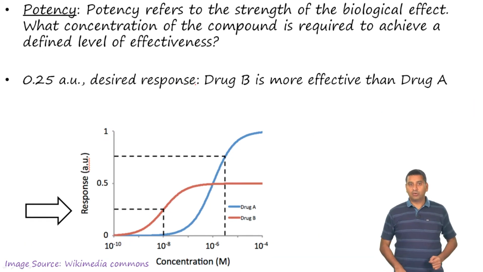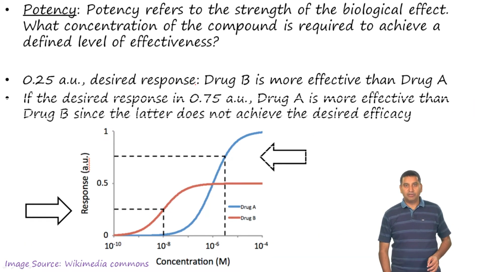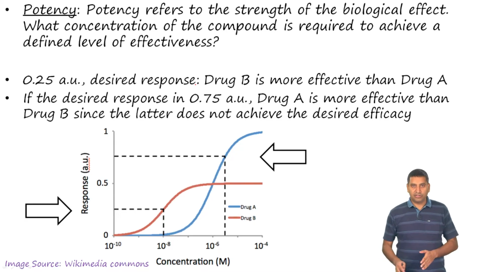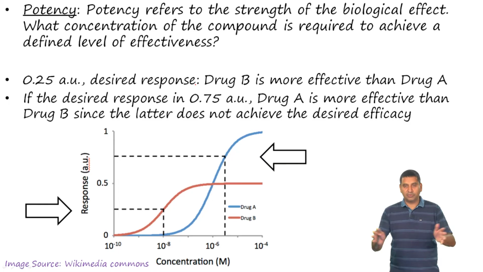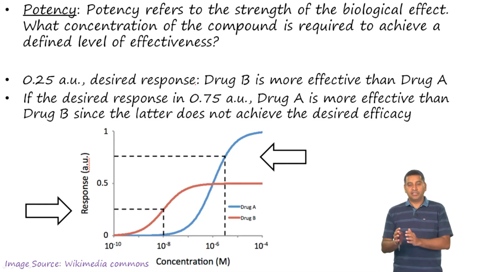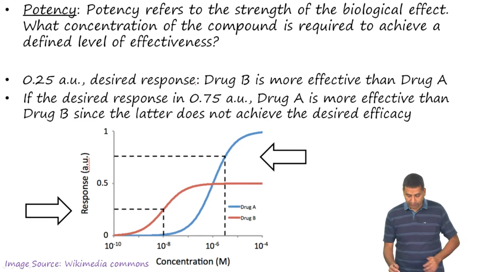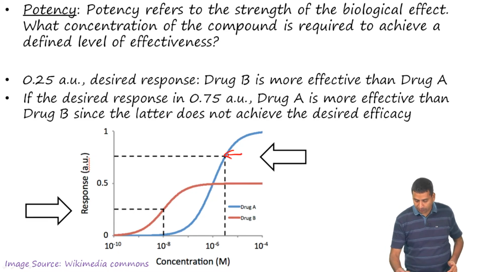Now, let us look at the same example, but at a higher desired response. Let us say the desired efficacy is not 0.25, but 0.75, which is marked by this arrow here.